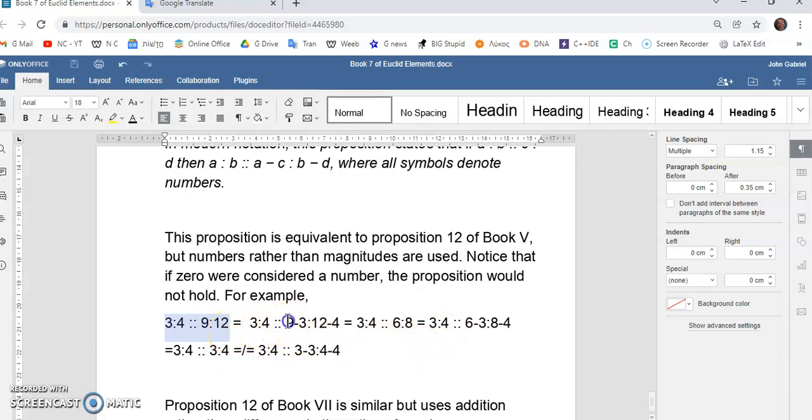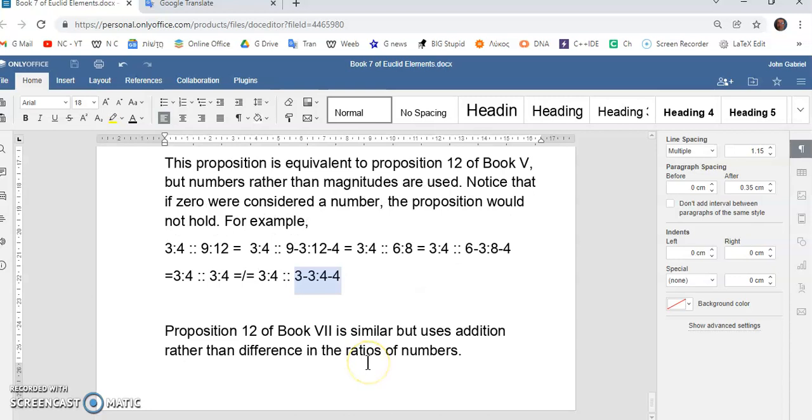If you keep subtracting 3 from the antecedent of the second ratio and 4 from the consequent of the second ratio, you'll end up with 3 minus 3 as a ratio of 4 minus 4, which is not allowed in Euclid's Elements, okay, because 0 is not a number, right?